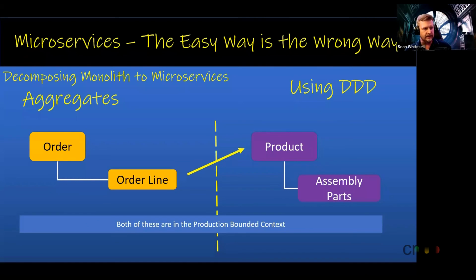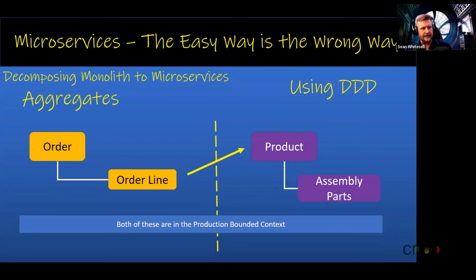An order is created of order lines, right? And these become what are known as aggregates. The order and the product classes are aggregate roots. Where you have that sense of a main class that deals with all of the composition and is the head of functionality, that's an aggregate root.